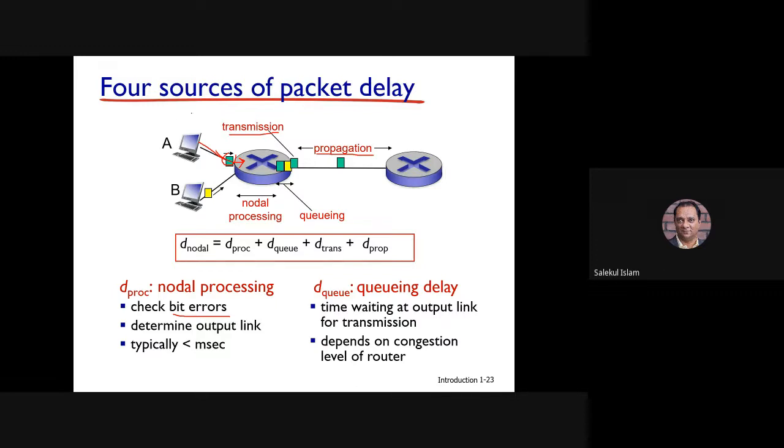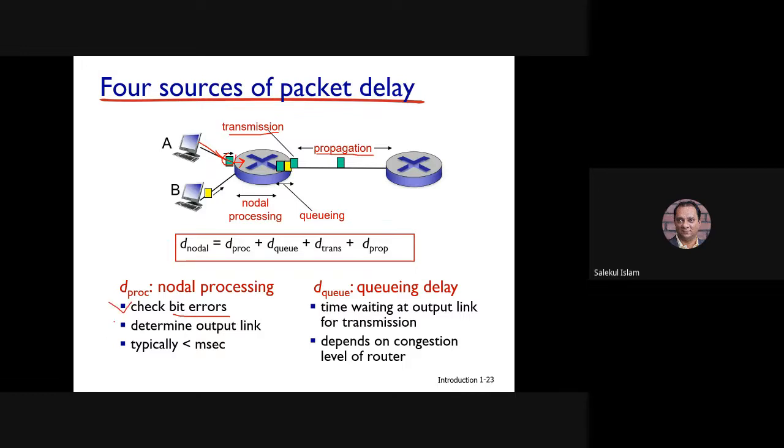So that's why the router will check whether the packet is free from error. So if the packet is free from error, then it will move to the next task. Otherwise, it will stop. So this is the first nodal processing task.